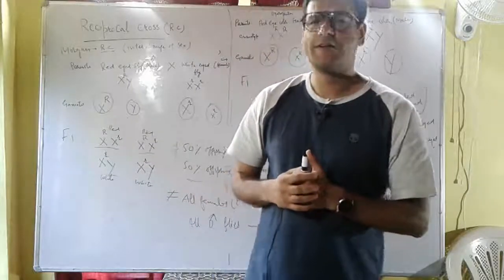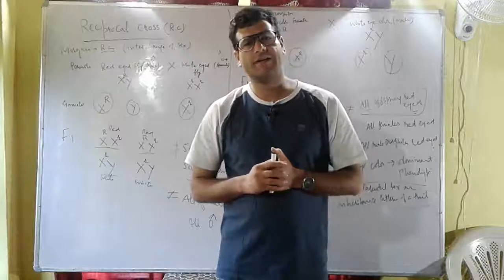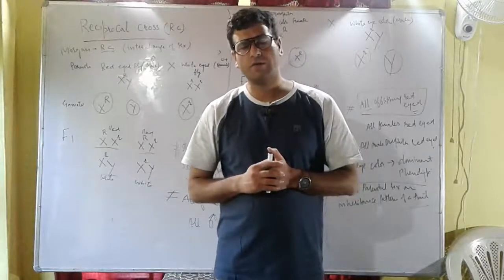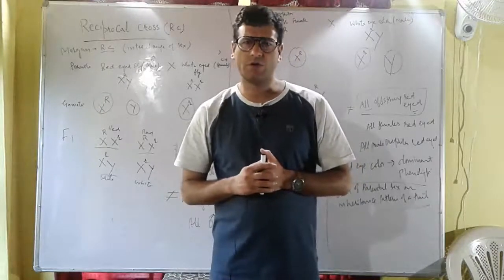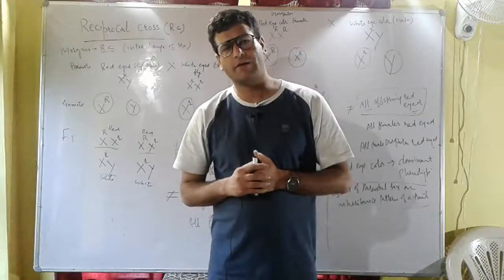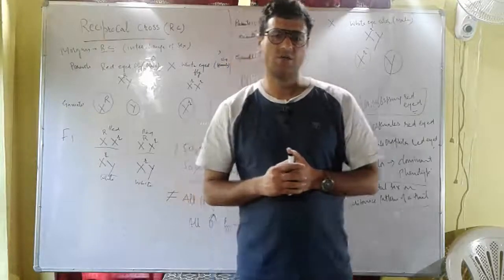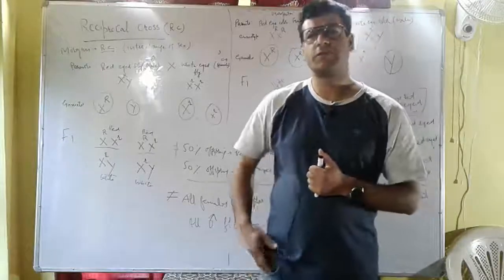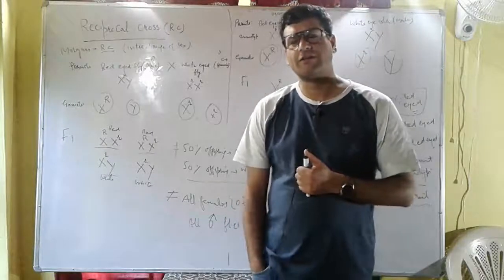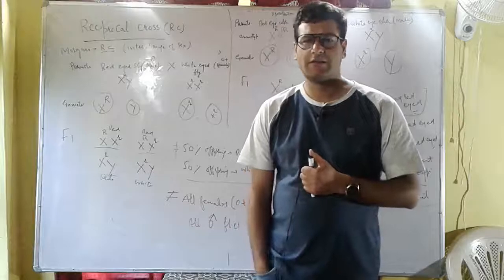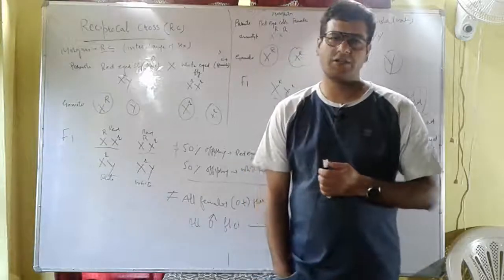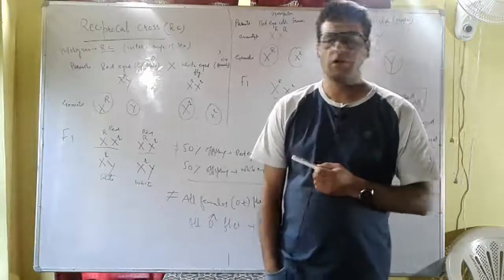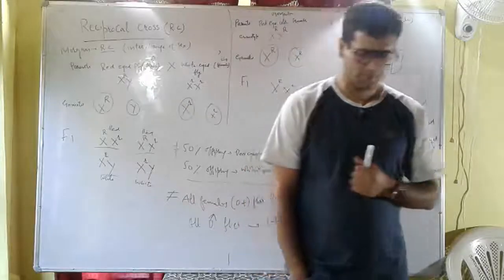And if the trait is located on an autosomal chromosome, then the results of the reciprocal cross and the original cross are identical. So this reciprocal cross tests whether the trait is located on a sex chromosome or an autosome.